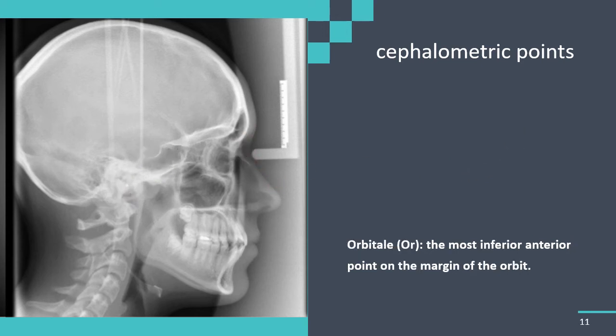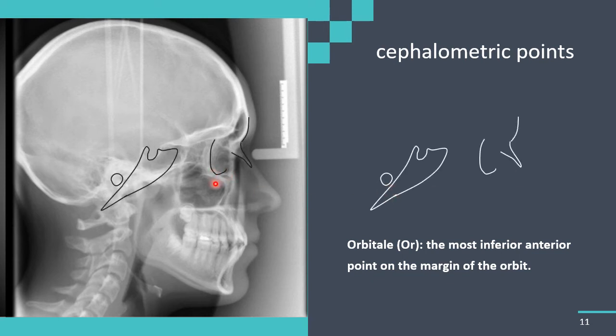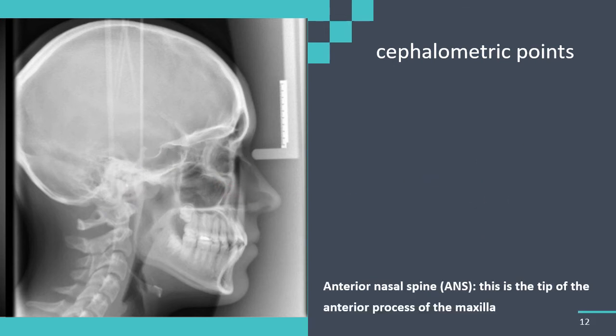The orbitale is the most inferior position of the anterior point of the margin of the orbit, or the inferior orbital margin. Another point is the anterior nasal spine.